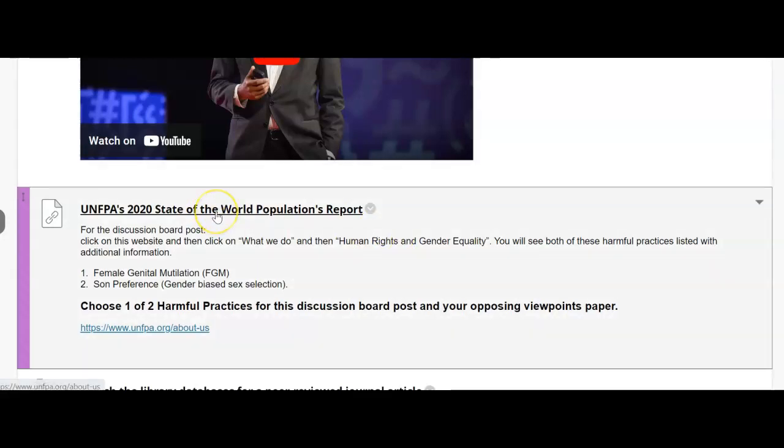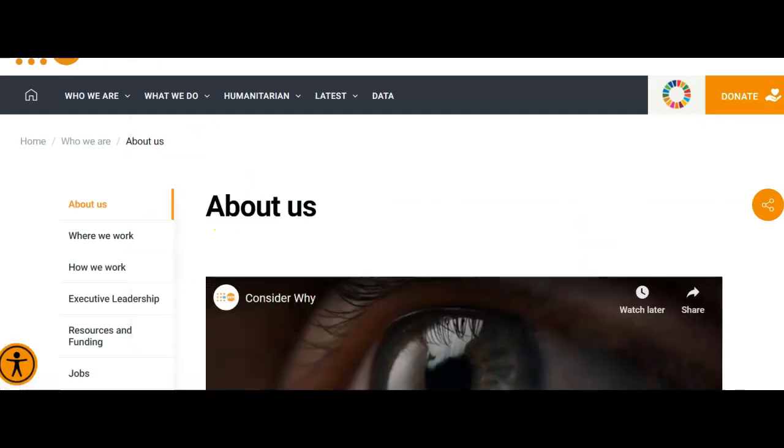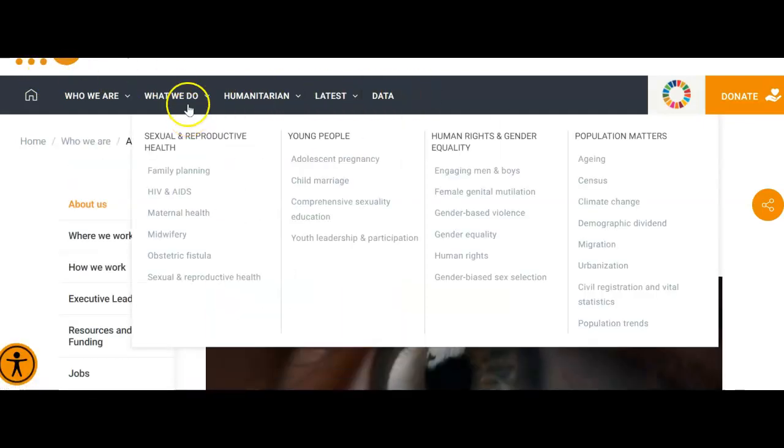When you click on this website, let's do it now together, you're going to see a tool tab up here. If you hover over what we do and then look at human rights and gender equality, you're going to see that there's information on female genital mutilation and gender-biased sex selection.